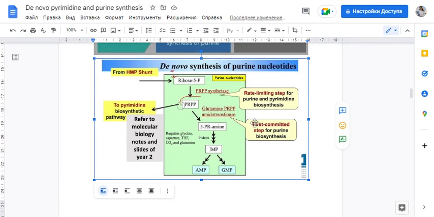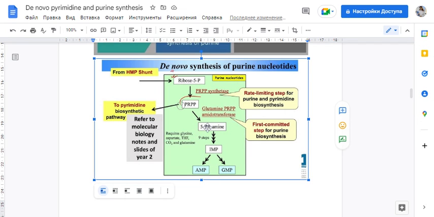When we talk about purine synthesis in particular, the rate-limiting step is PRPP aminotransferase, because intermediate products such as IMP, AMP, and GMP will inhibit this step.